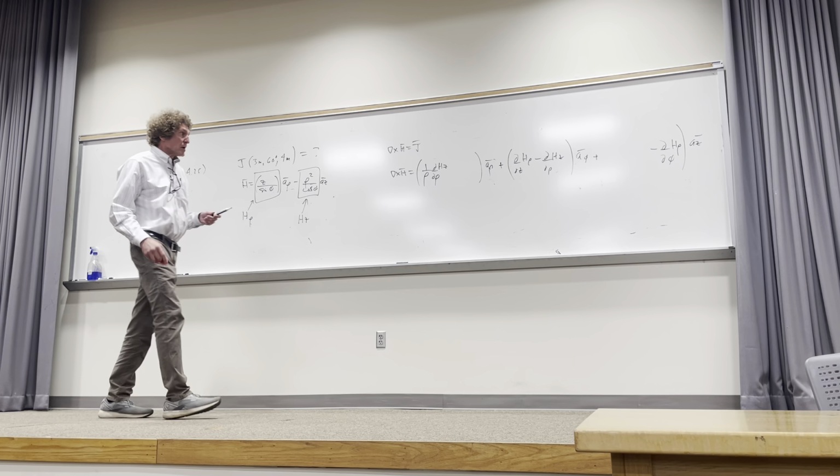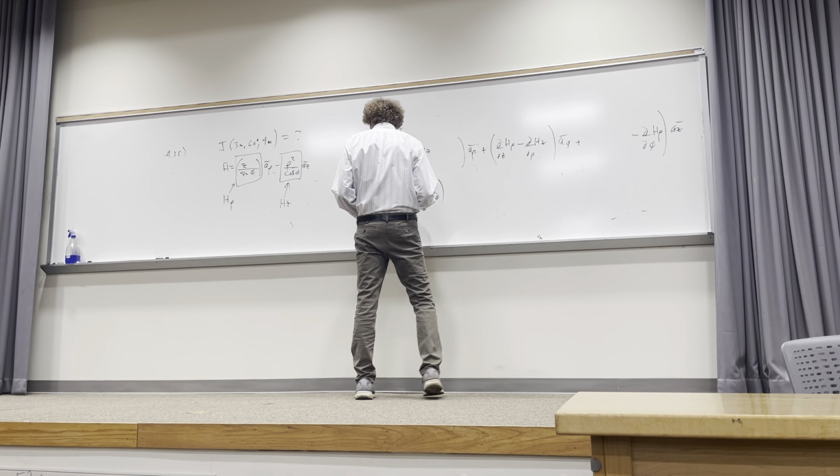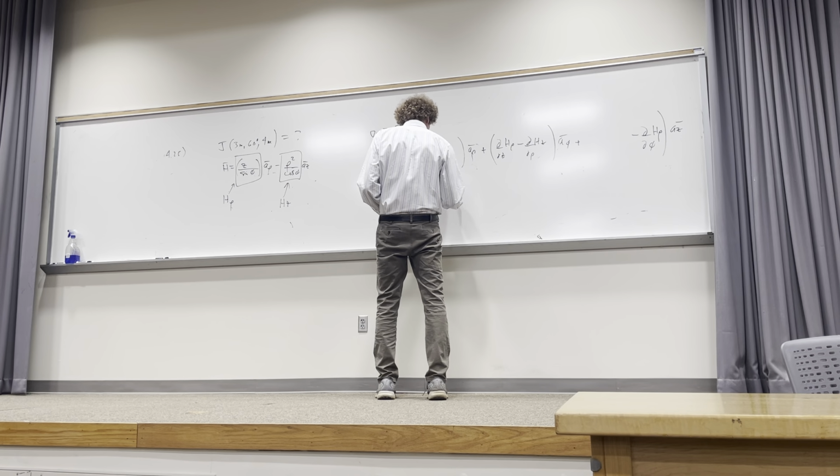If you look here, I have curl of H equal to J equal to 1 over rho. Now I have the derivative with respect to rho of H z, which is this, right? I'll even put it in here to do it one time. So I have rho squared over cosine of phi, right there, and that's a rho. Plus, then I have the derivative with respect to z of H rho, which is this.